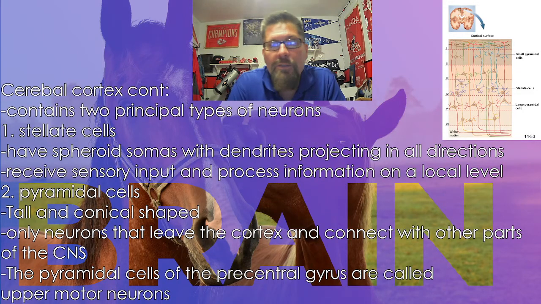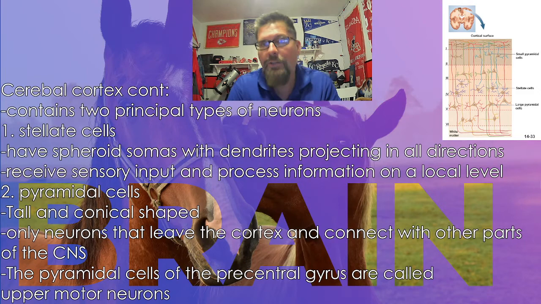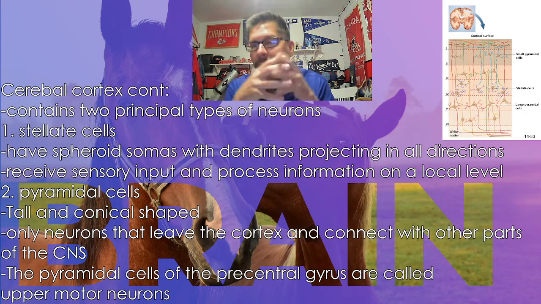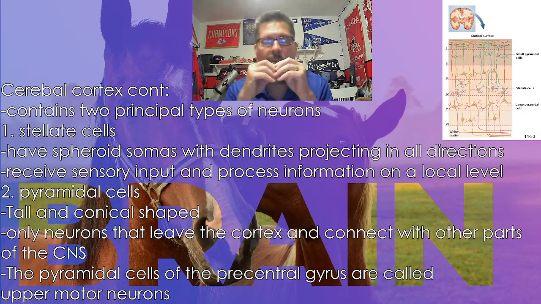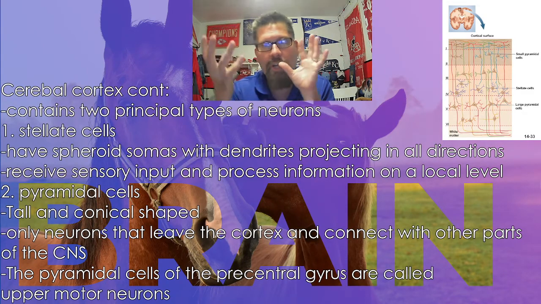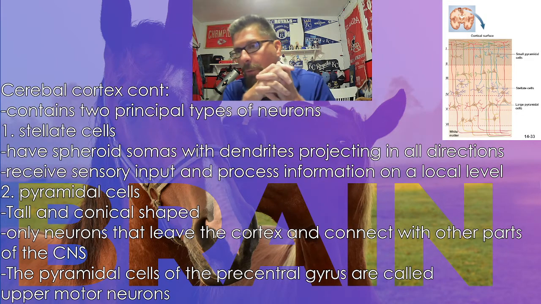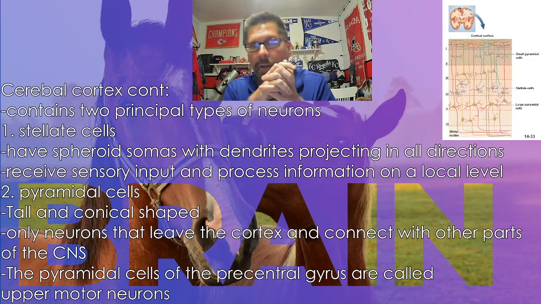But the 2 things you want to recognize here is the 2 types of cells that are found in this section. The stellate cells, which are more like a star pattern. It's got the soma in the inside, and then dendrites going from all directions, because it has to connect with so much stuff in so many different directions. That's the kind of way to think about that.